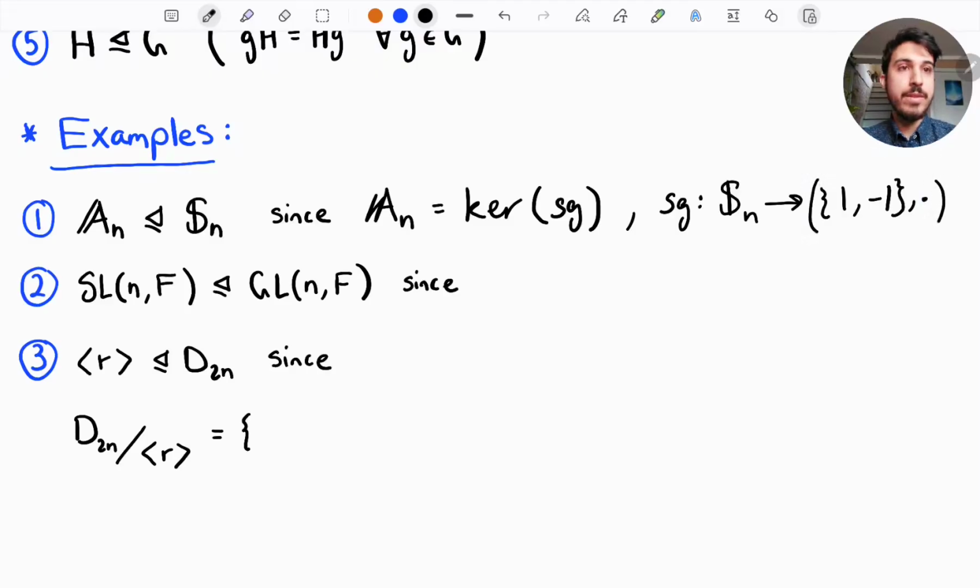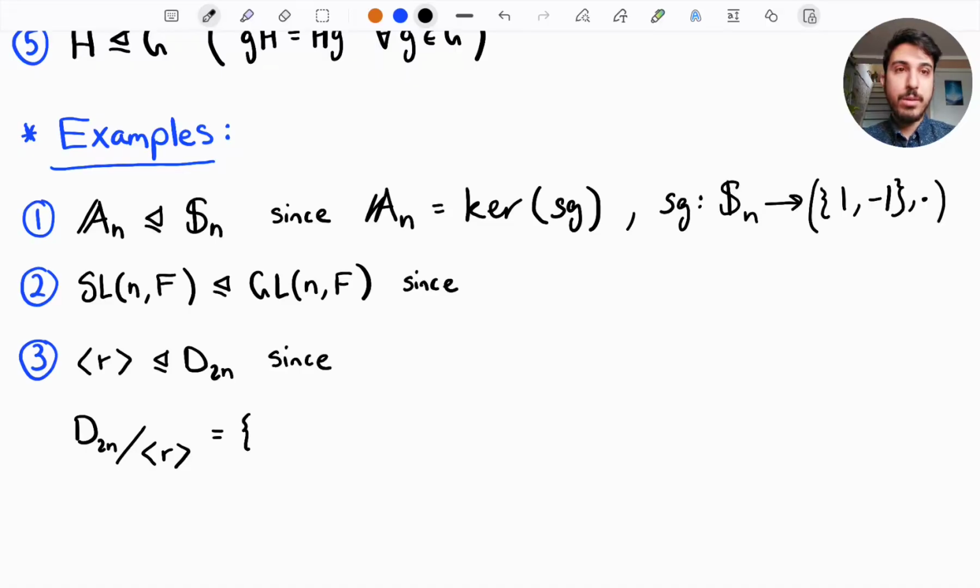So this is an epimorphism, and evidently the group of even permutations A_n is the kernel of this homomorphism. Therefore, immediately deducing that A_n is a normal subgroup of S_n.